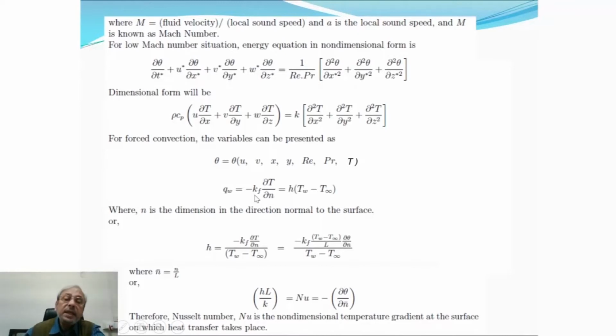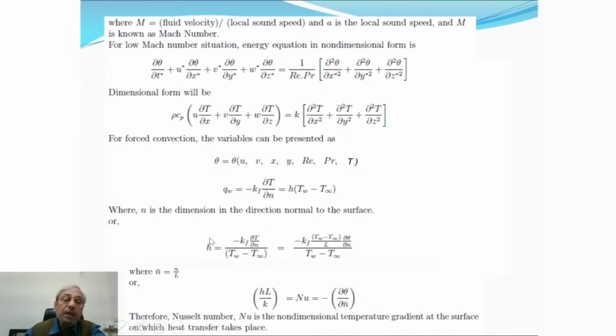So minus Kf into del T del N, and this can also be written, if we follow Newton's law of cooling, as the convective heat transfer coefficient into TW minus T infinity. N is the dimension in the direction normal to the solid surface.